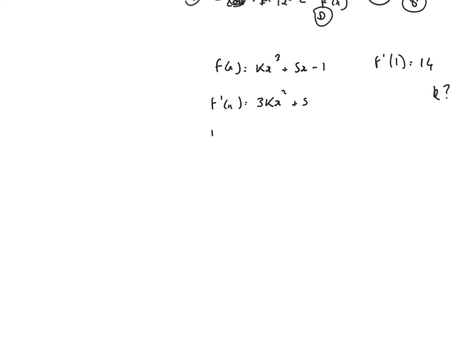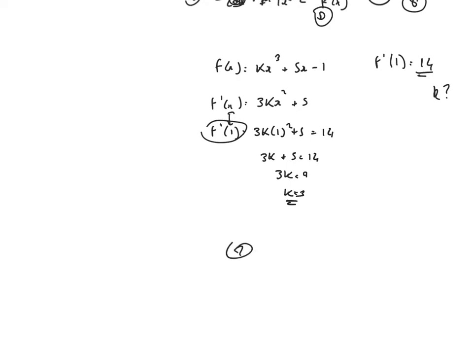Now the question says f dash 1, so where I see x, I'll replace it with 1. So that's 3k times 1 squared plus 5, and I know that is equal to 14. So 1 squared is 1, so it's just 3k plus 5 equals 14. 3k equals 9, and k is equal to 3.